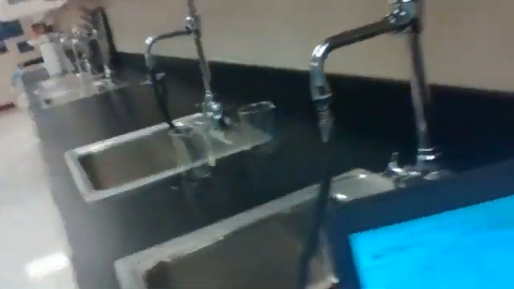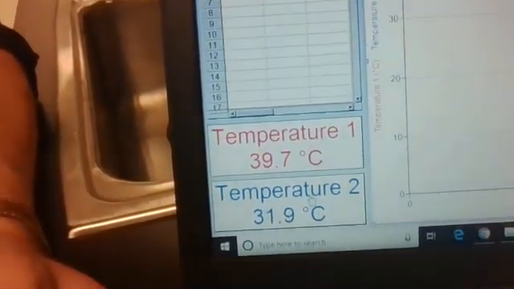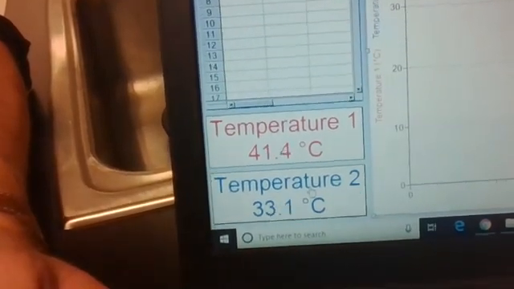Water, which is temperature 2, is rising, but much more slowly. It's at 29 degrees. There we see the temperature of alcohol continuing to rise. It just hit 40 degrees.